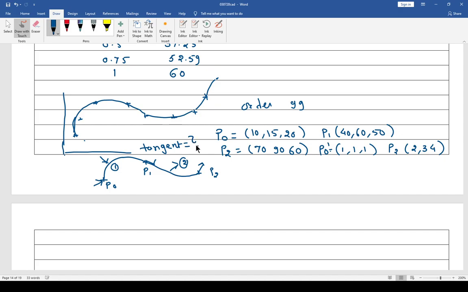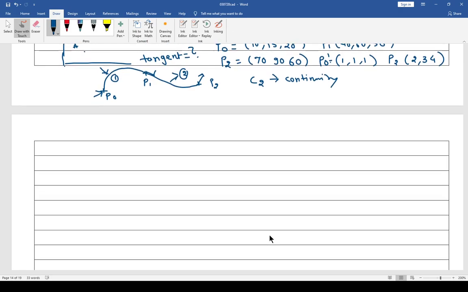So therefore, what is the problem? I cannot find the equation of the first curve, neither can I find the equation of the second curve unless I am aware of the tangent at p1. Okay, so now what I am going to do, I am going to say that I want to achieve C2 continuity. Okay, so what do you mean by C2 continuity?